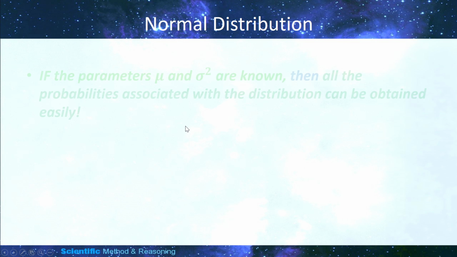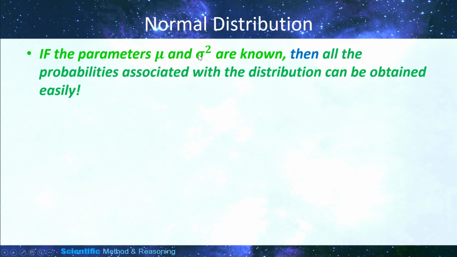Okay, and the question is, if the parameters mu and sigma squared, the mean and the variance of the normal distribution, are known, they are called the parameters of the distribution. Because if these quantities are known, then all the probabilities associated with the distribution can be obtained easily.